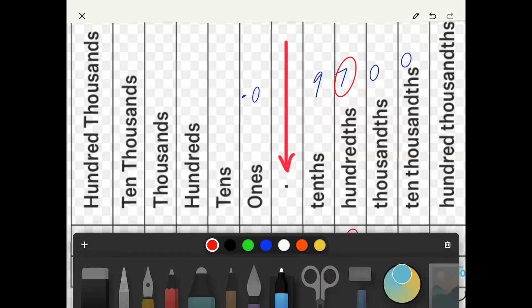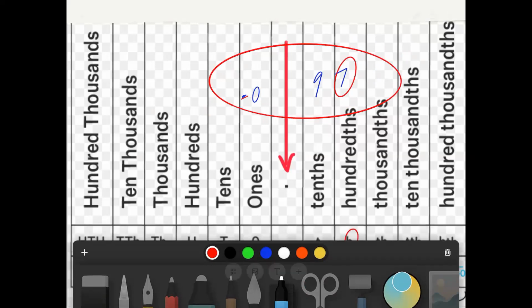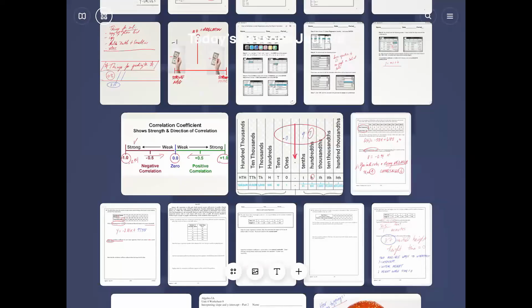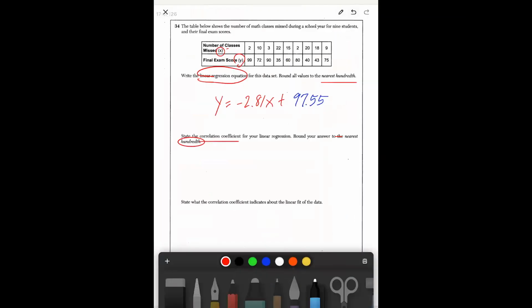So we are just going to drop all of this stuff. And this is our final number. It's a negative 0.97. So if I go back to that question, R equals a negative 0.97, rounded to the nearest 100th.